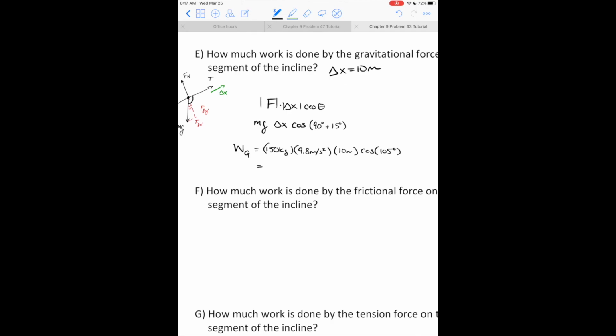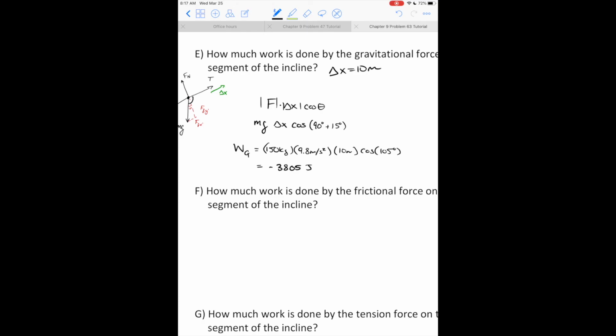I get negative... I said 105 instead of 150. There we go. That's better. Negative 3,800, and I'm going to round this to 3,805 joules. That's how much work gravity does.